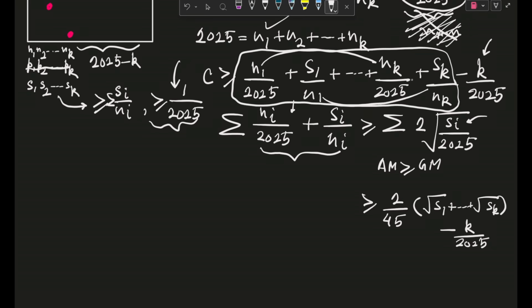We took this part, applied greater than or equal to by AM and GM, found this value, and then took this value and put it into this particular expression c greater than or equal to. So this is what we have right now. After this, we get greater than or equal to 2 by 45 times root si minus k by 2025. This you can write.